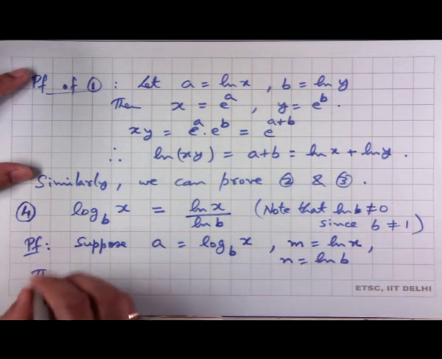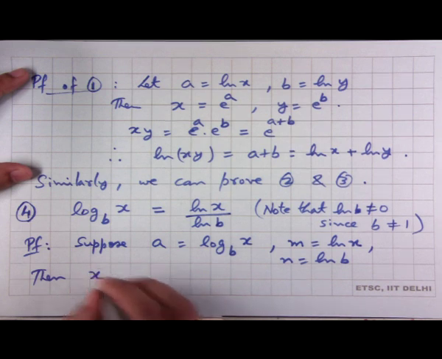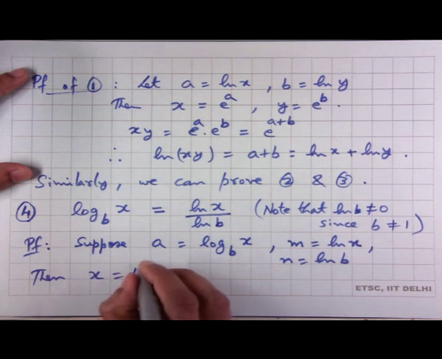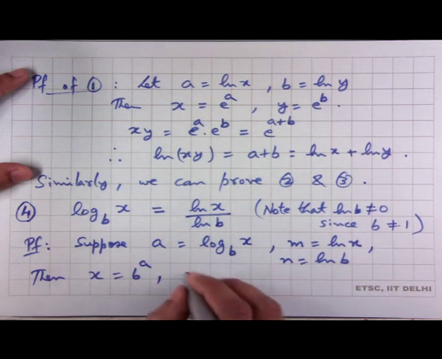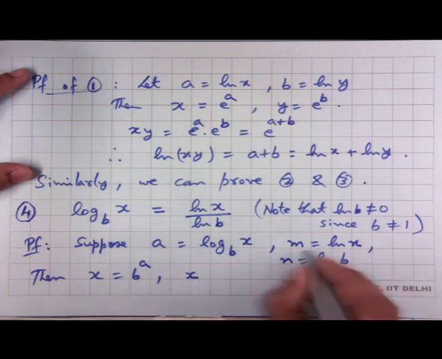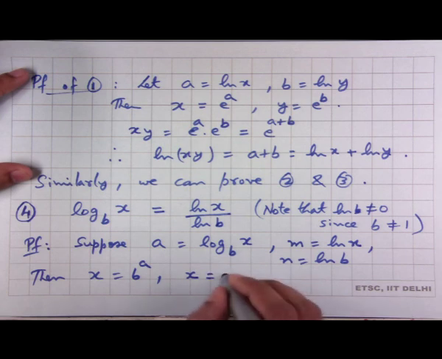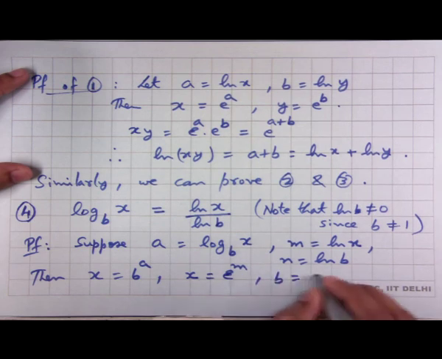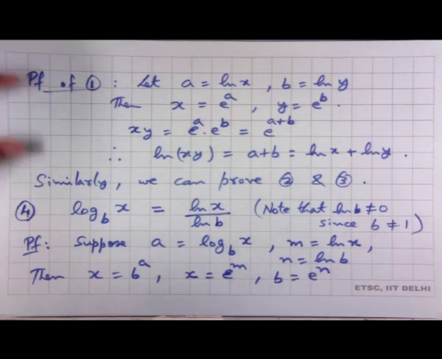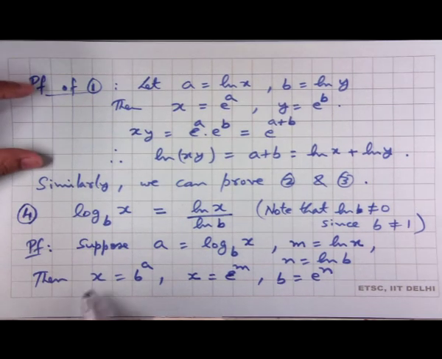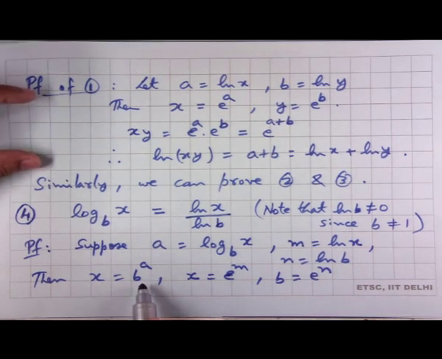Then x is equal to b to the power a, also ln x is equal to m. So, x is equal to e to the power m, and b is equal to e to the power n. Now, we have x is equal to b to the power a.